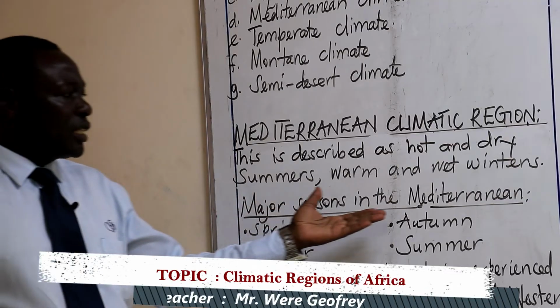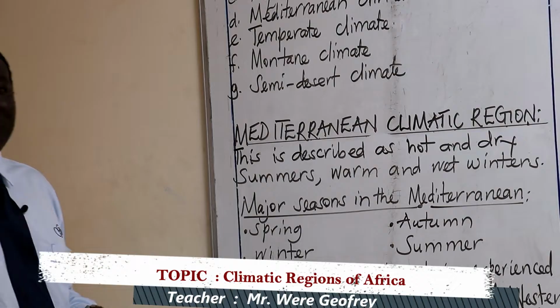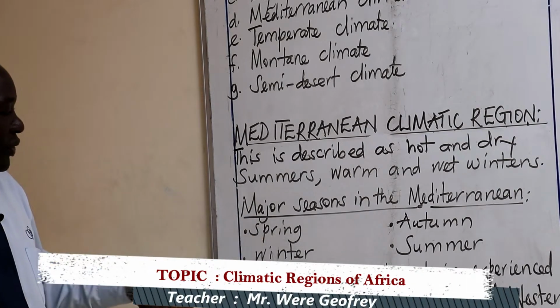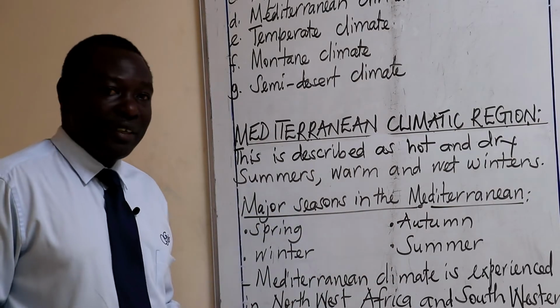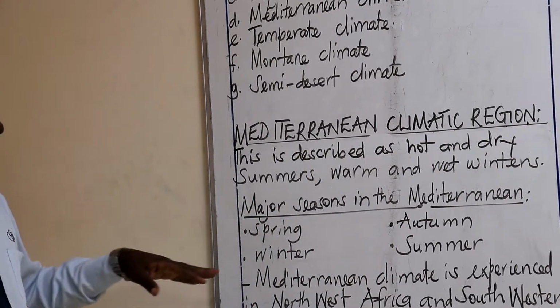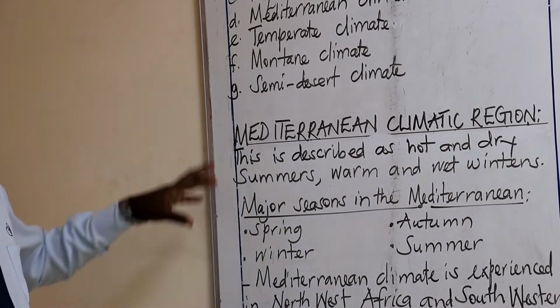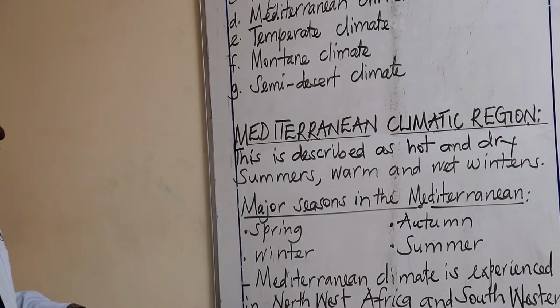Major seasons in this Mediterranean climate, there are four. The first one is spring. We have winter, autumn, and summer. Spring, winter, autumn, and summer. Those are the four seasons in this Mediterranean climatic region.